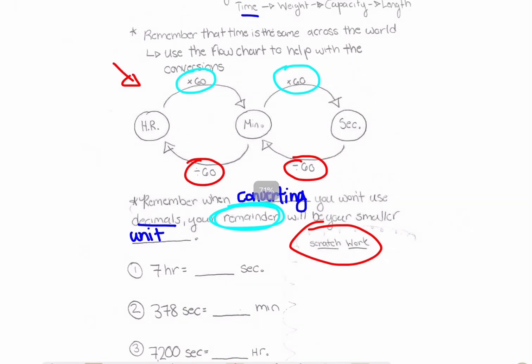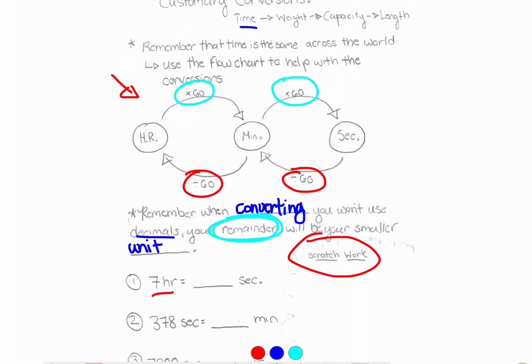So the first problem, I'm going from hours to seconds. So it looks like I'm going to have to travel these blue arrows. So I'm going to have to multiply by 60 twice.